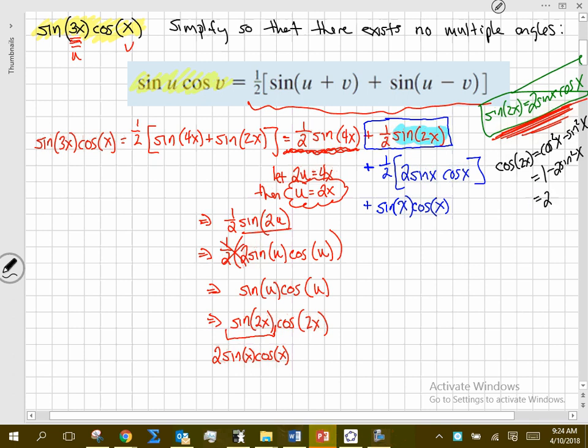Or you can write it as 2 cosine squared x minus 1. Any one of those three is fine for this substitution because they all have a 1x in them, right? Okay. Just to stay consistent with what we did in the last class, I used that one in the last class, so I'll use that substitution here. So this thing here is going to turn into 1 minus 2 sine squared x.